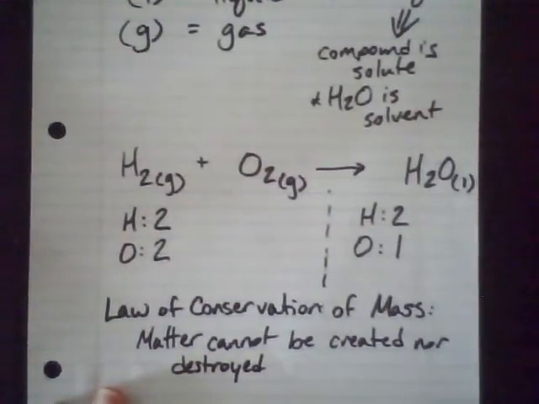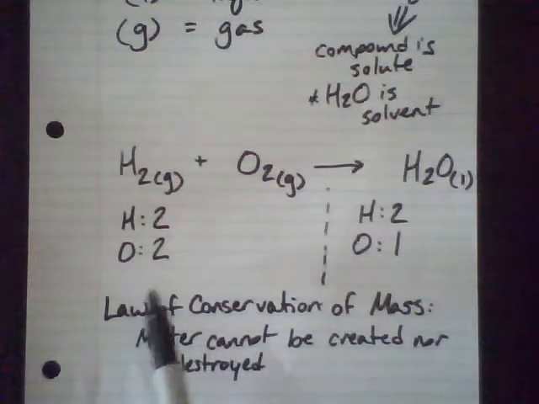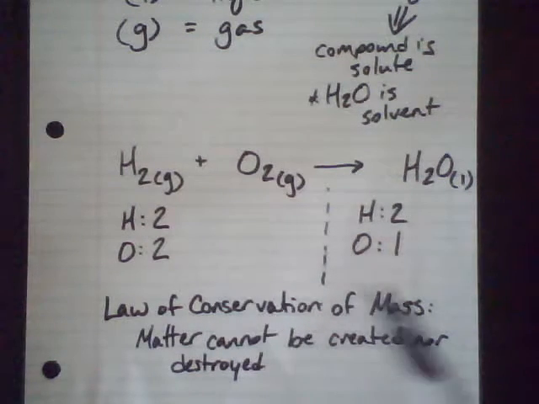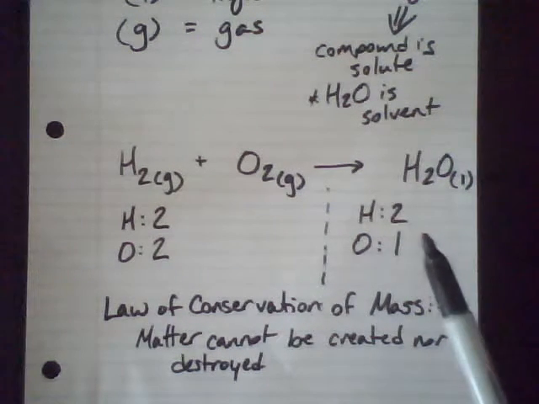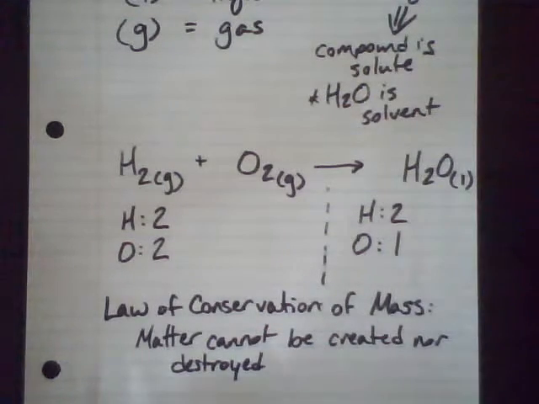So I like to think about that and revisit that, at least in terms of chemical equations, as whatever it is you start with has to be whatever it is that you finish with. So we have to have the same number and type of element on each side of our reaction.